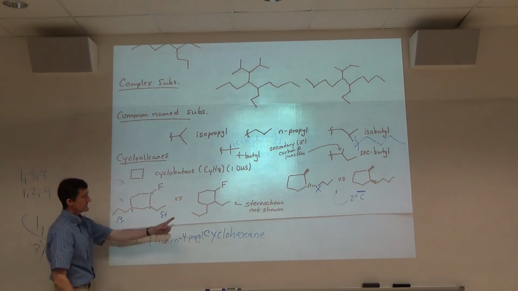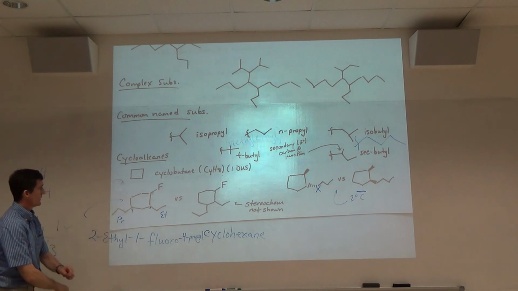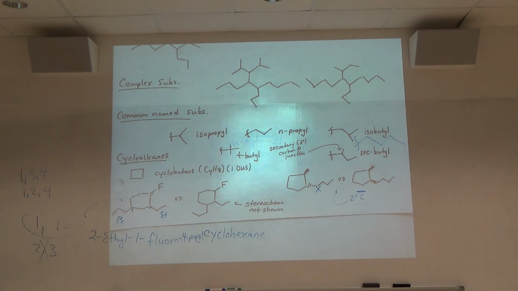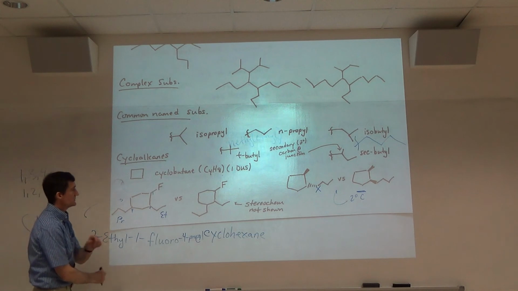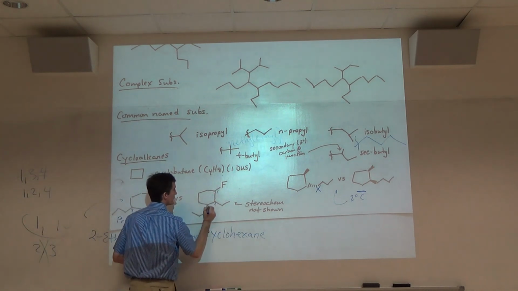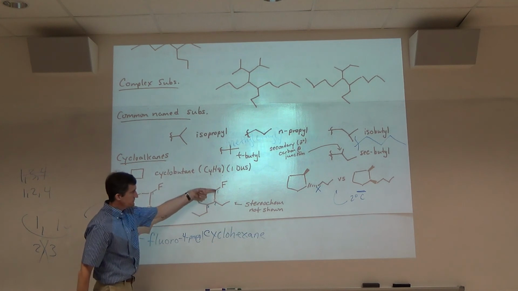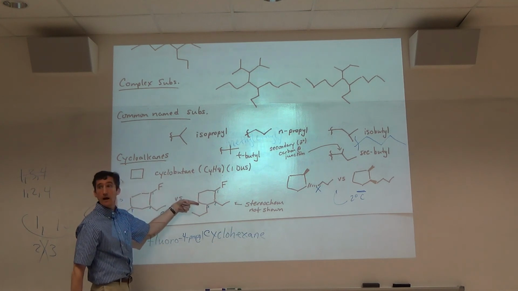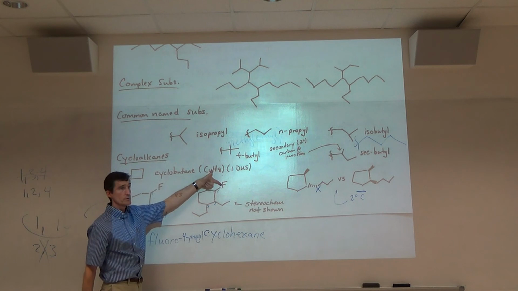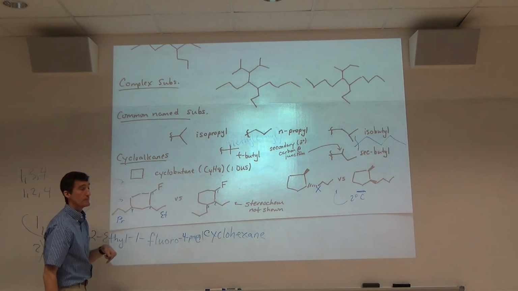If that's that, what is this guy over here? That's the same exact thing, except what's the difference? Except this is 1, 2, 3. Why is that the 1 position? Why not this? Because if that was 1, it'd still be 1, 2, 3. I'll leave alphabetical aside. I put fluorine before propyl. Okay?